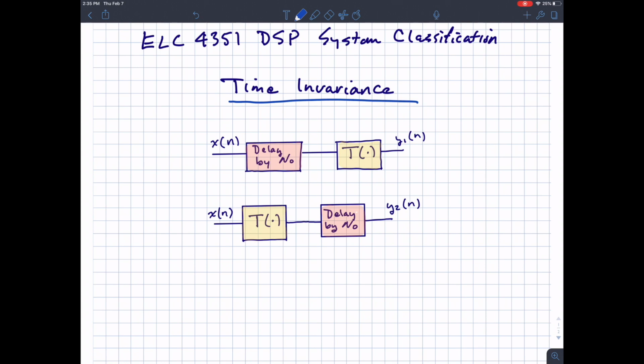All right, the definition of time invariance is as follows. You take a look at these two different ways of handling delays. Technically speaking, these could be advances as well. You're just going to shift in time either by delaying by n naught, or by delaying by a negative n naught, which would be a time advance. So there's no loss of generality by calling it a delay.